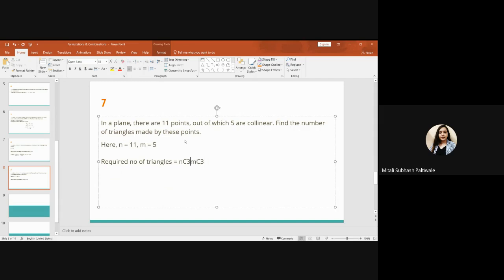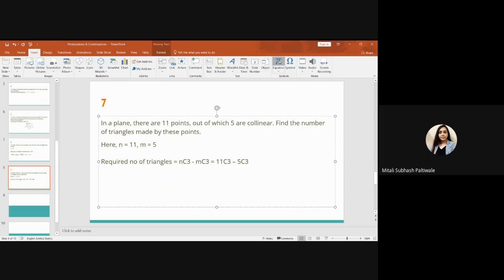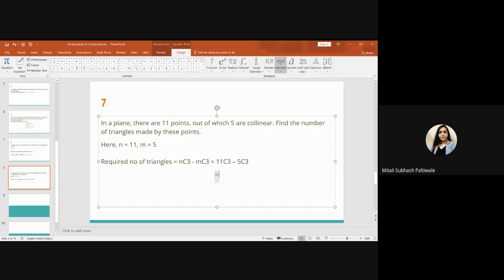Oh, sorry. Which is now equal to 11C3 minus 5C3. Now, let us just put on the equations to understand it in a better manner. So now, let me just put on the fraction.